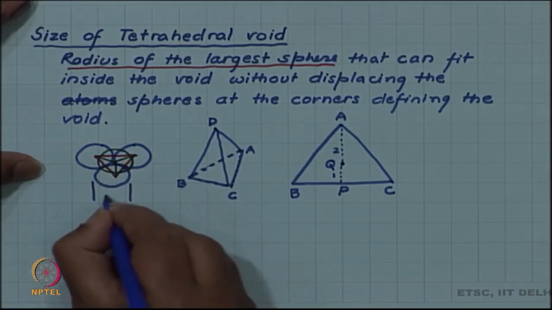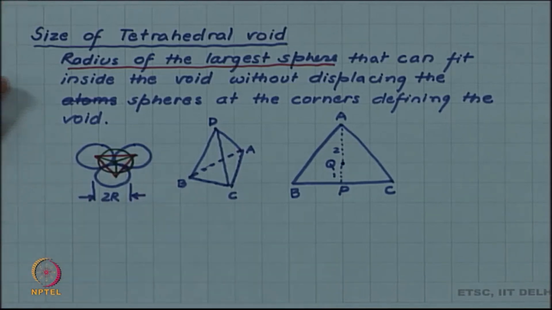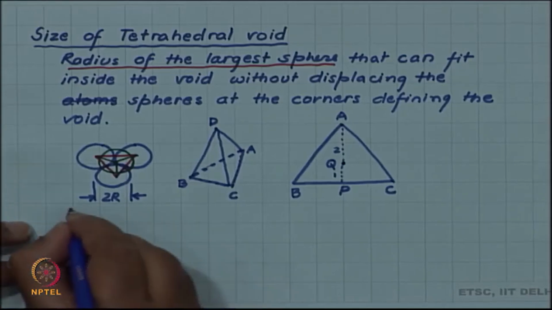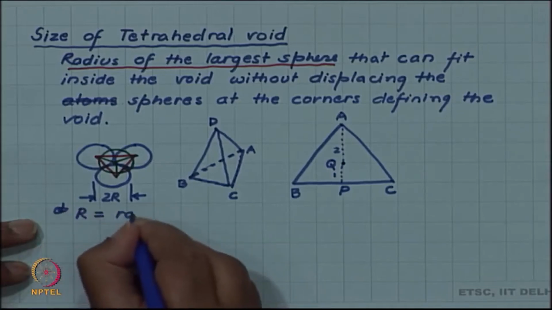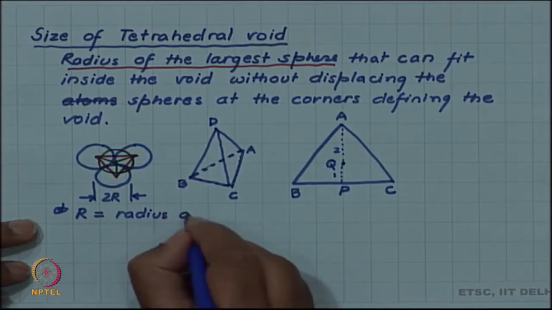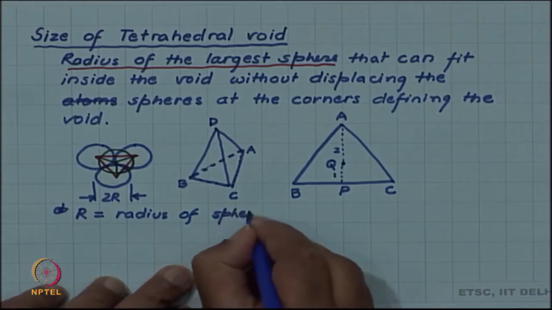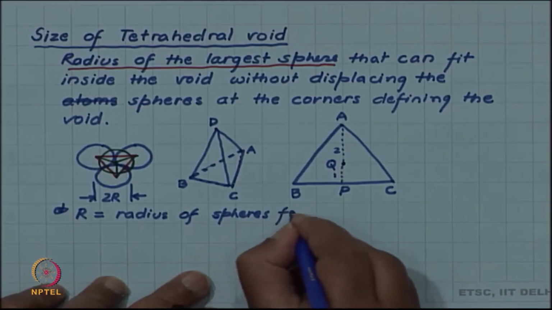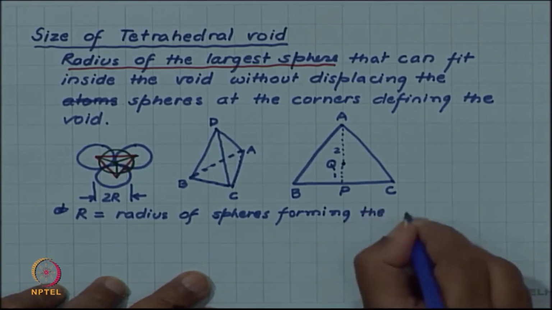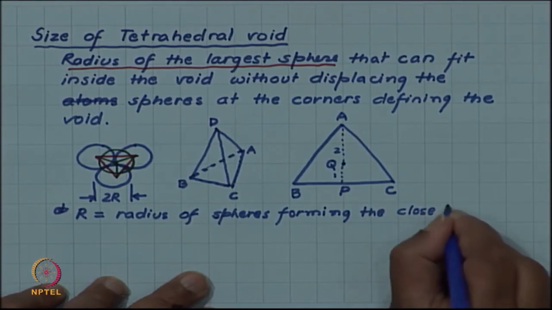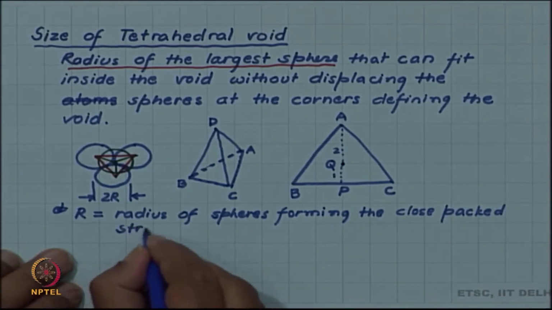Let us say that the diameter of the spheres making the close packed structure is 2r, so r is the radius of the spheres forming the close packed structure.